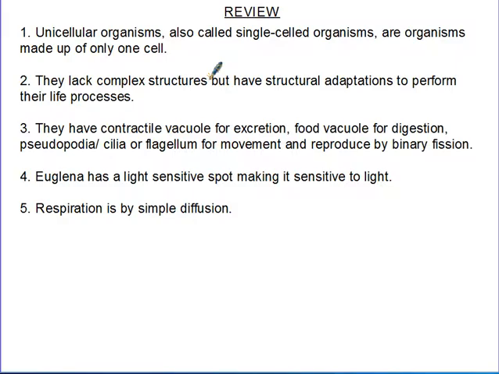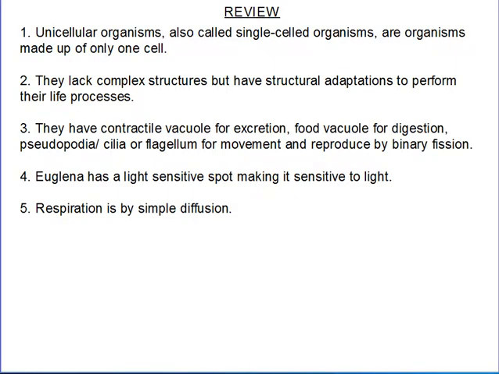That is where we talked about the contractile vacuole being used for excretion, food vacuole for digestion, pseudopodia or pseudopodium, cilia or flagellum for movement, and they reproduce by binary fission. Euglena has a light-sensitive spot, making it sensitive to light. So this means that unicellular organisms are also sensitive, and then they respire by simple diffusion. I hope we remember all these points.